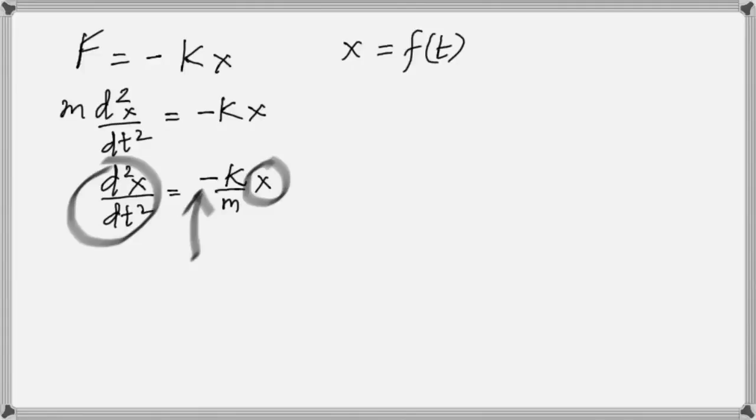So that means when the spring is going down from the mean position, x is negative because it's down, while acceleration is up and positive. You know what I'm saying? While if the object is going up from the mean position, displacement is positive because it's up, but acceleration is down, and so negative.